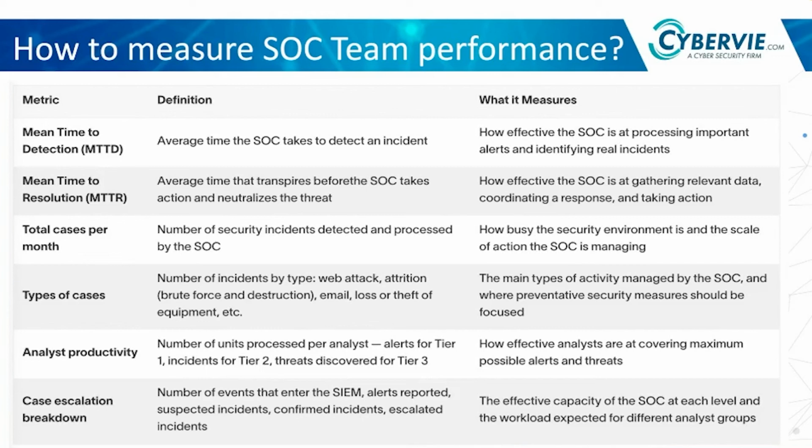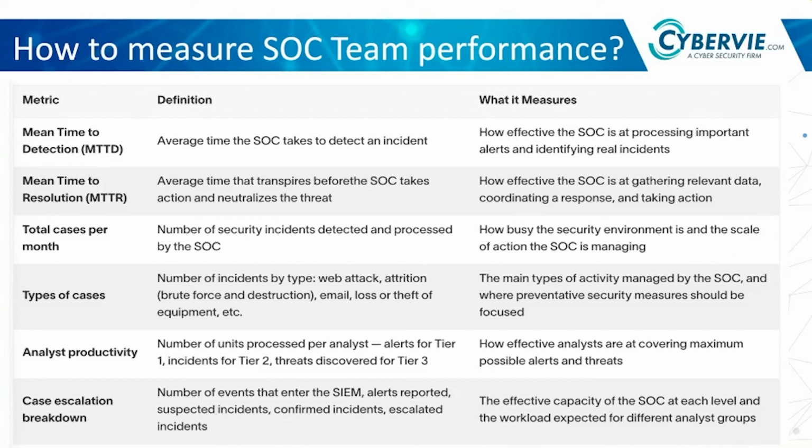Then total cases per month: how many cases you got in that month, and how many of them are incidents. Now, what is the priority of each incident? How many P1 incidents have missed the SLA? P1 will generally have 15 minutes of time to respond. How many of them have been missed? And what is analyst productivity?